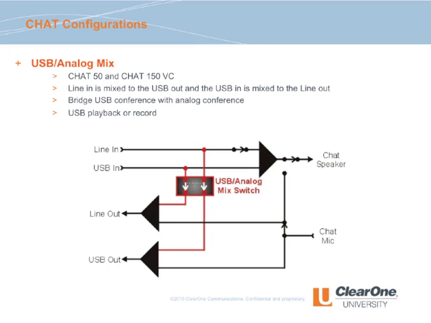As shown in this line diagram, line-in analog audio is routed to the USB out in addition to the chat speaker, and USB in audio is routed to the line out in addition to the chat speaker. This option is selectable in the chat software, which we will cover later in this presentation.